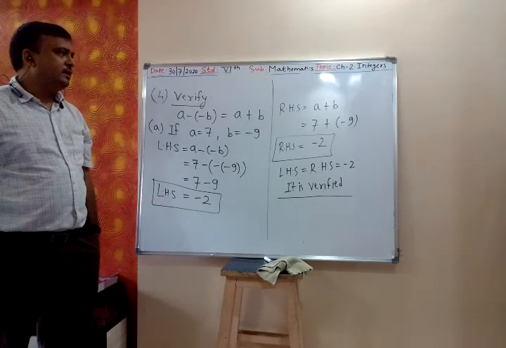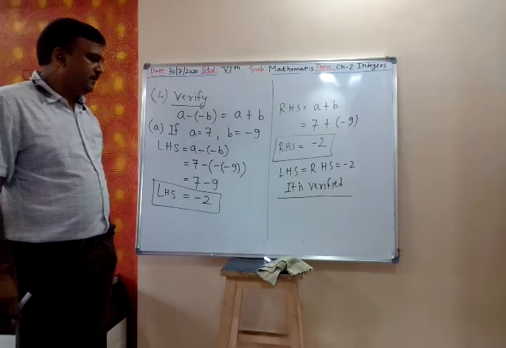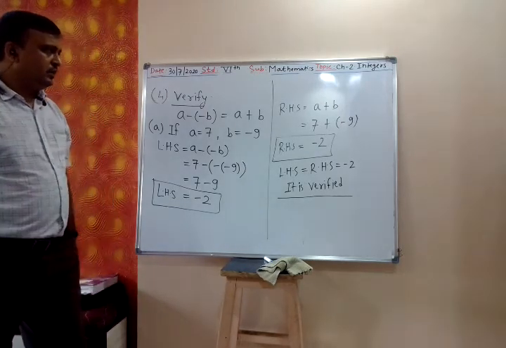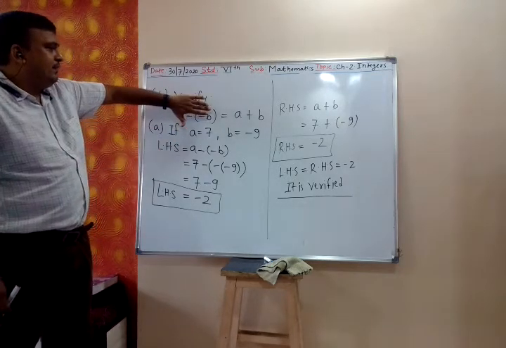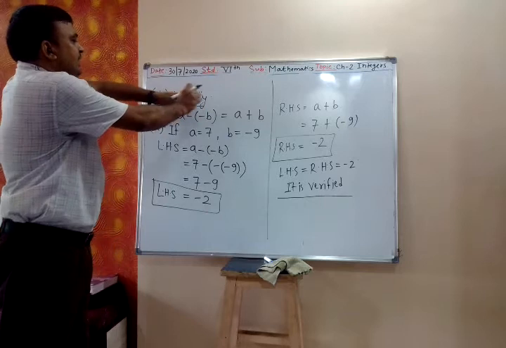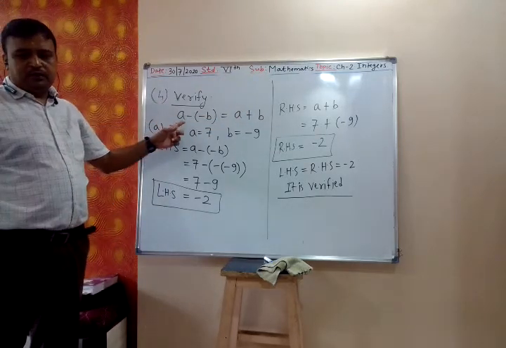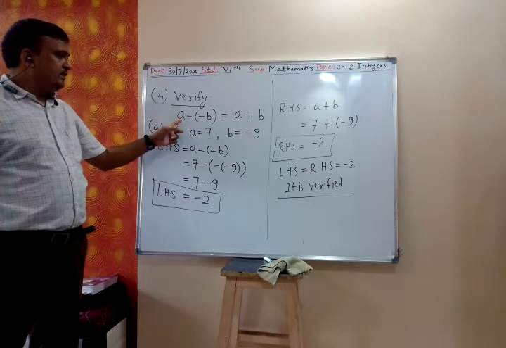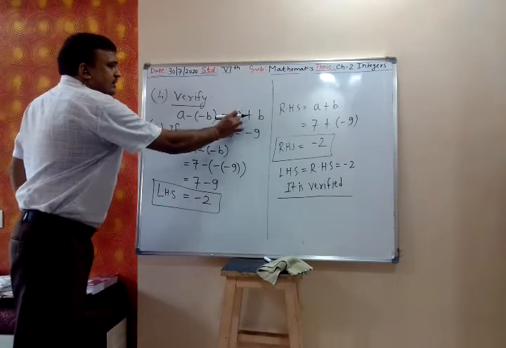Parts B and C will be homework only, that I am going to give. LHS means left hand side. This is my left hand side, a minus b, and the right hand side is a plus b.